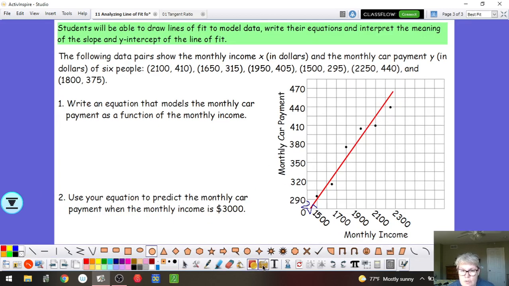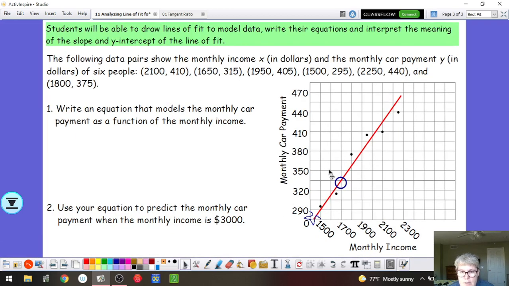First thing you want to do is find two grid points that your line goes through, or two known points. So I'm looking at the graph and I see that we have one point here at 1700, and we're increasing by 30, so this would be 15.